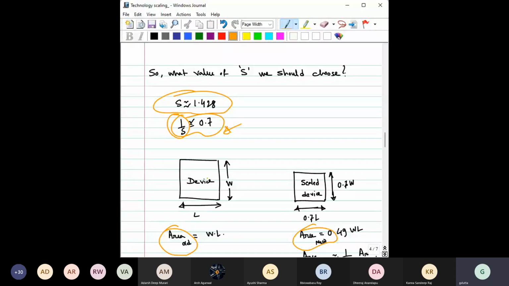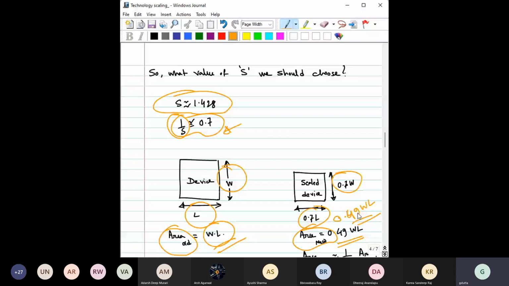For a single MOSFET in the old generation, the area is L into W, so it is WL. For the new generation device, the area is 0.7 W times 0.7 L, so that becomes 0.49 WL. So if you compare these two, the area is becoming half, right?